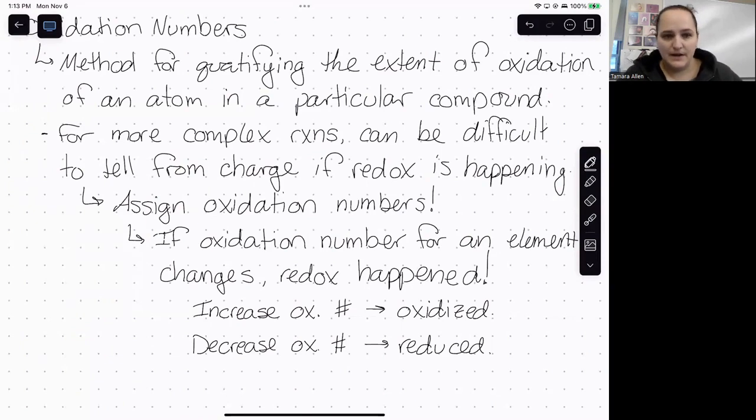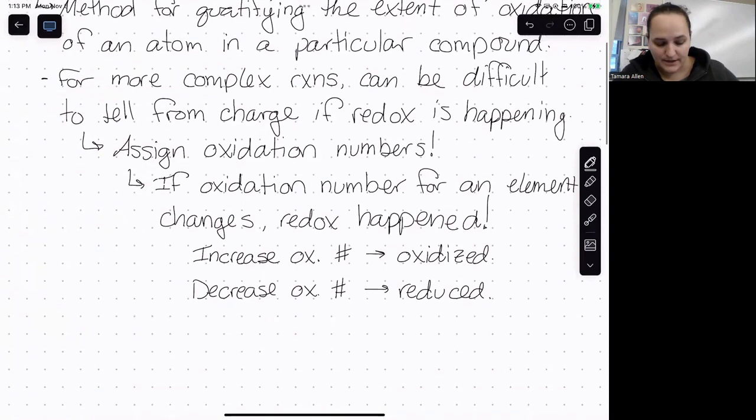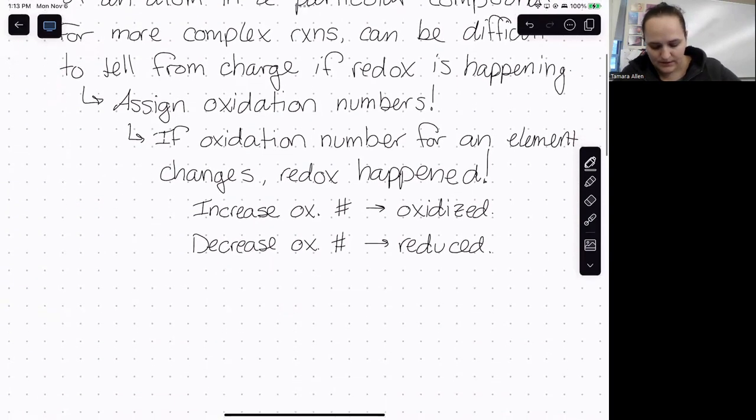So you should always find, if you are dealing with a redox reaction, that something's oxidation number increases and something else's oxidation number decreases. You should always find one going in either direction, because we know that oxidation and reduction always occur together.